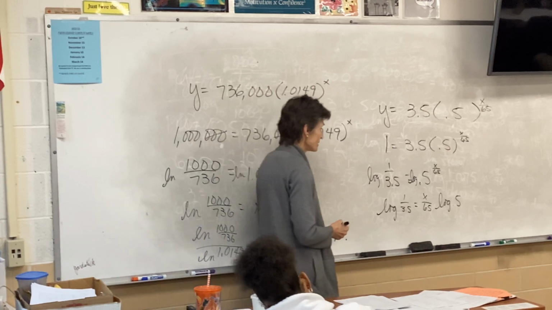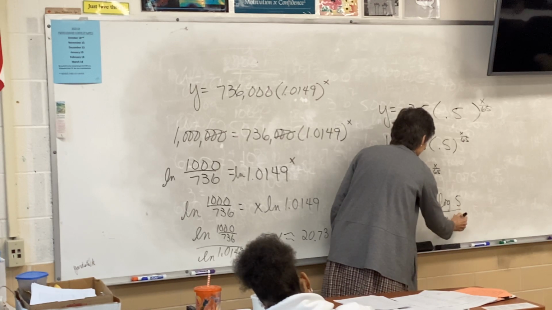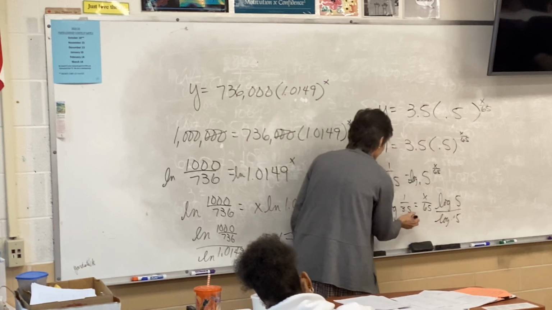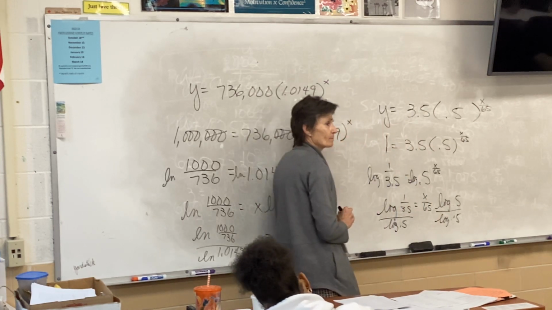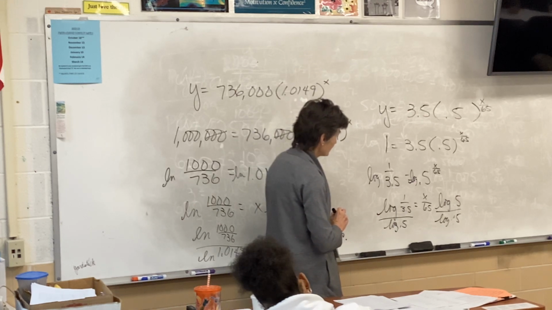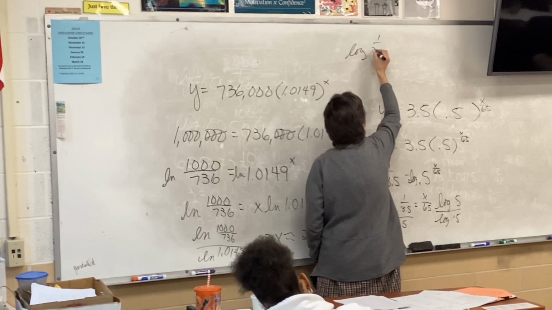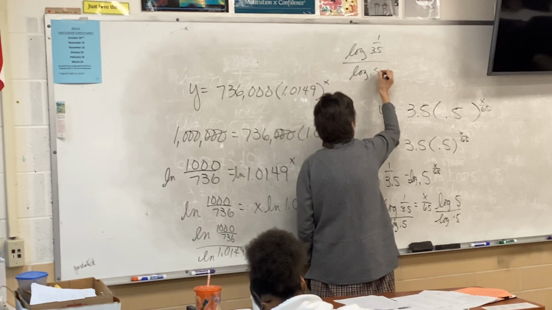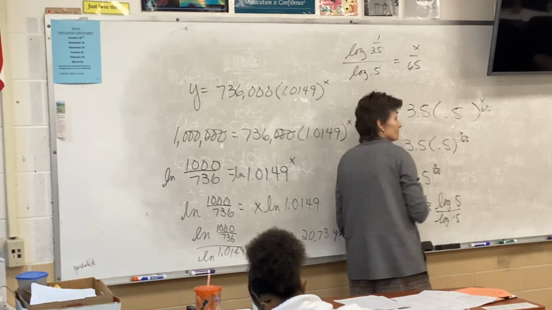You can do this. Do we need to divide by the log of 0.65 or 0.5? The log of 0.5? So I can do that. So the log of 1 over 3.5 divided by the log of 0.5 will give me x over 65.